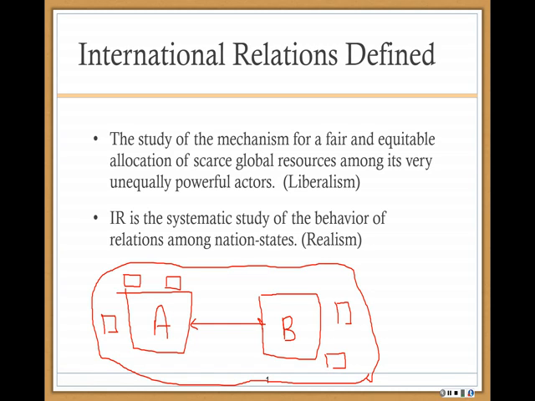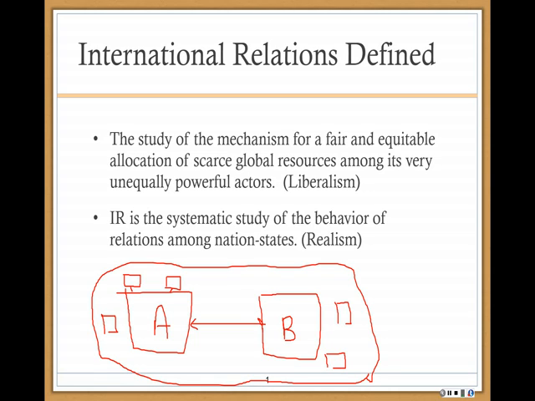Liberals want to study the mechanism, that is, the way the allocation of scarce global resources, oil, forests, water, is divided up amongst these powerful actors. For realists, it's a systematic study of the behavior of relations among nation states. And so for realists, what happens between these states is most important.